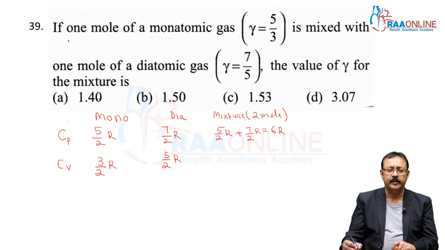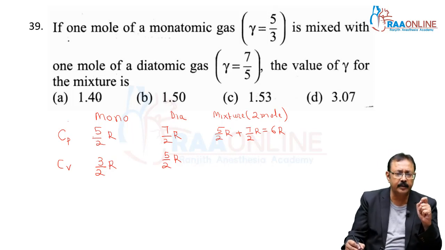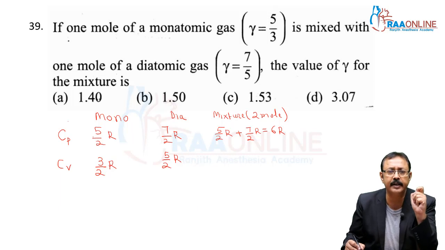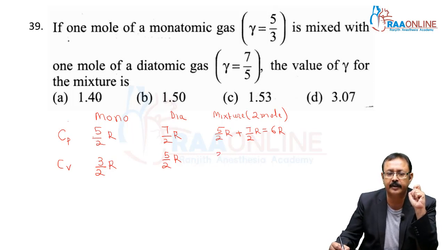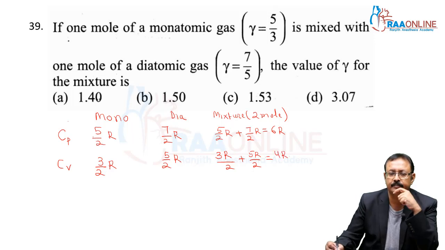For Cv, for 1 mole monoatomic, the energy required is 3R by 2, and for 1 mole diatomic, 5R by 2. So for 2 moles of mixture, at constant volume, 3R by 2 plus 5R by 2. What is the total energy? 8R by 2, which means 4R.